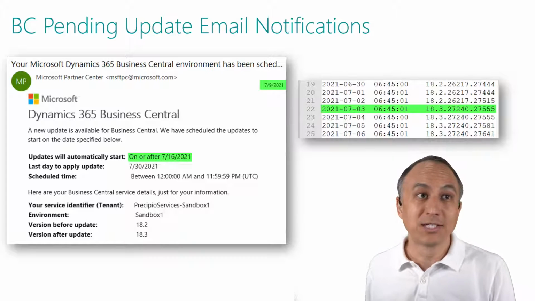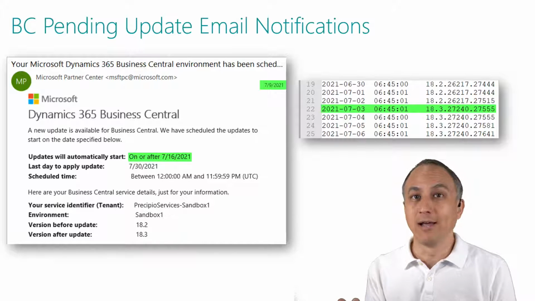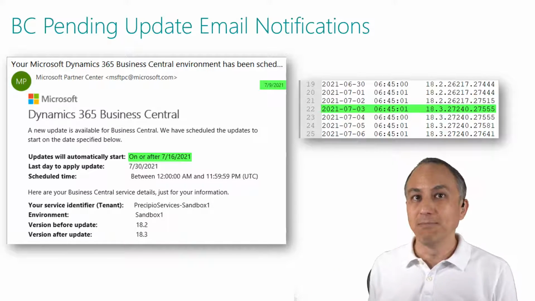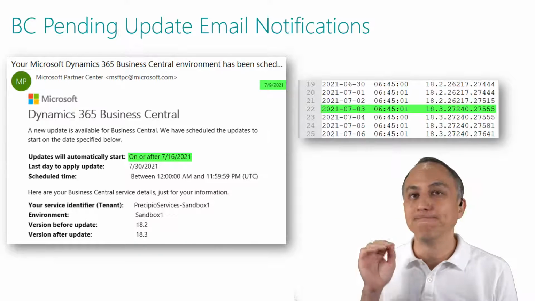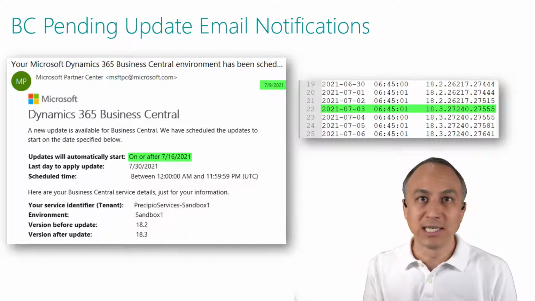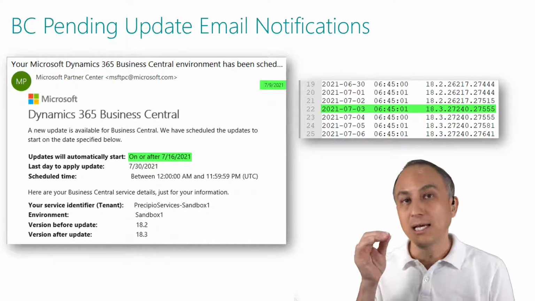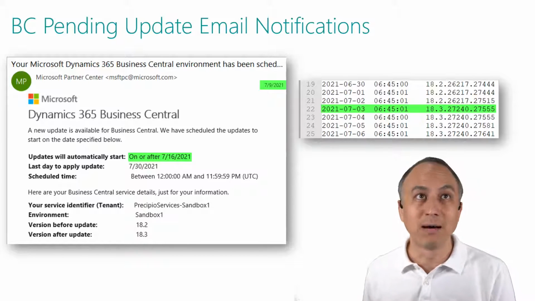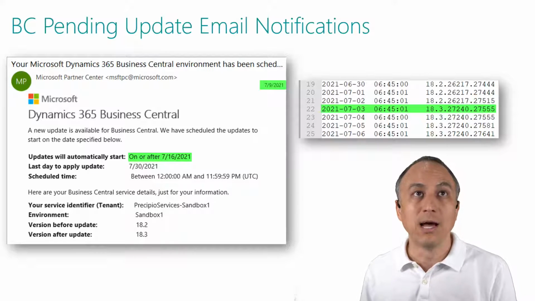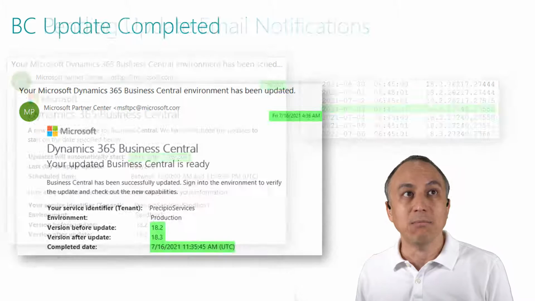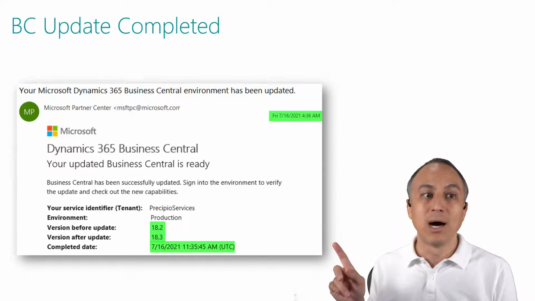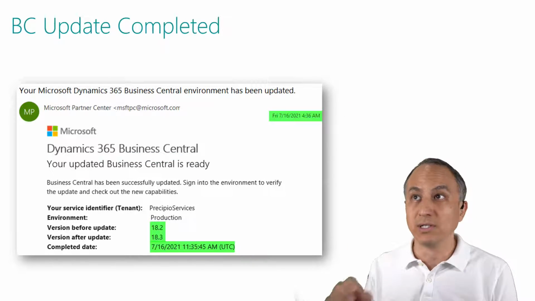So that answered my first question. It's like, okay, the latest BC image, the publicly available image, that's fine for testing. Not enough time, in my opinion, if you have PTEs and especially if you have AppSource extensions, just not practical. And in my case, I scheduled my BC update on the first day it was available.